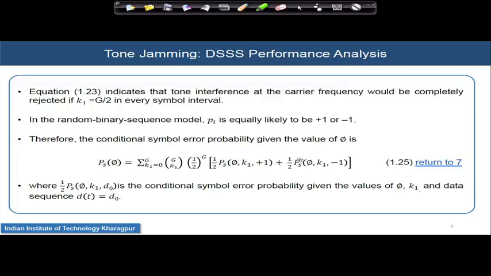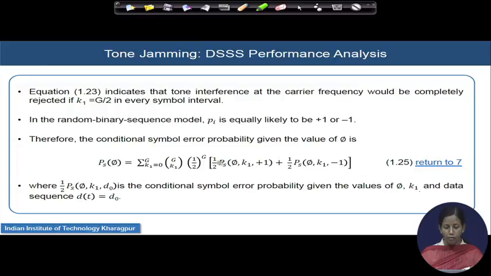For this we consider that both sequences are equally probable. So, half of the time the contribution is from transmission of signal +1 and half of the time from signal -1.